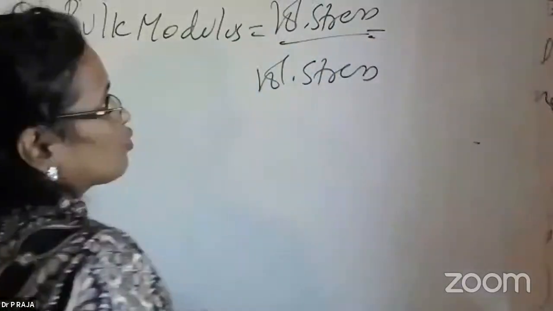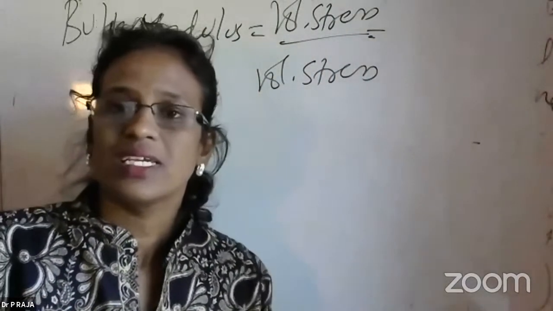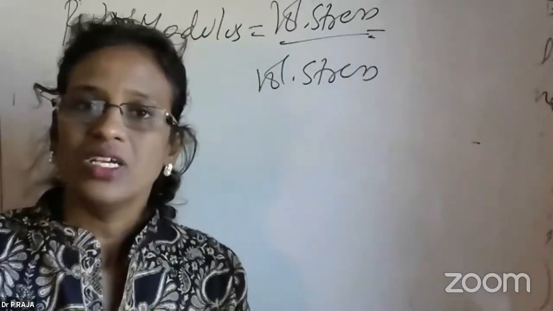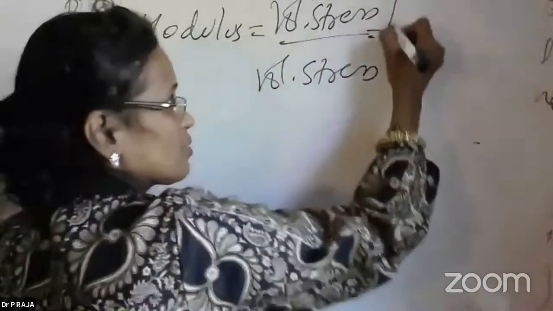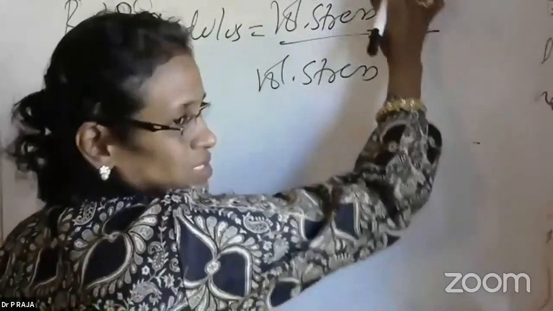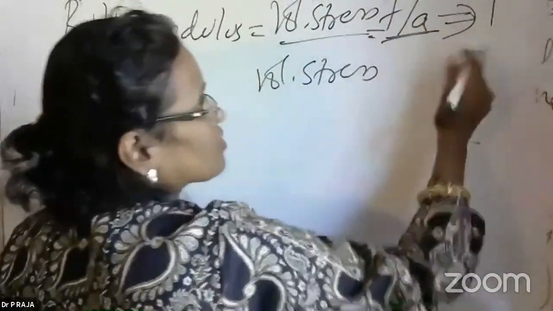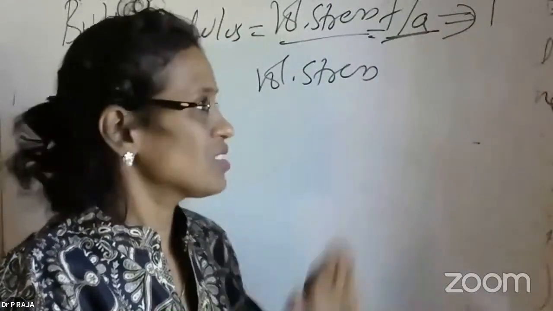And what is volumetric stress? We have applied the force, but the force is taken per unit area, and initially I said that we are applying the force per unit area along the x, y, and z directions. Force per unit area is nothing but stress. I will put this factor as T. T is the stress that is being applied.